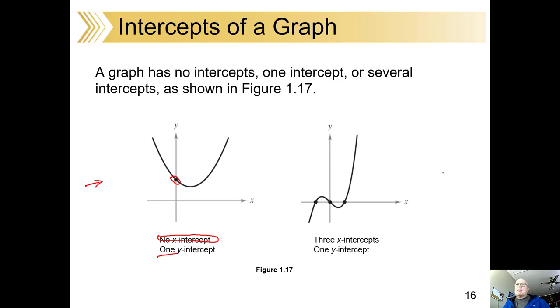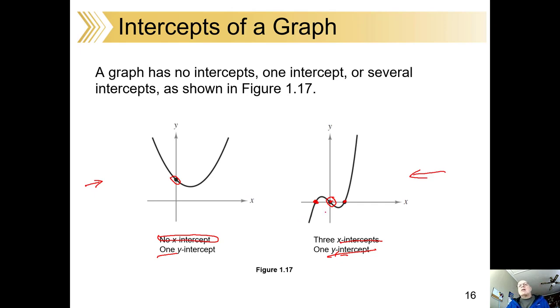In the second graph, how about the x-intercepts? Well, it crosses the x-axis here, and here, and here. It's got three x-intercepts. Y-intercepts, it crosses the y-axis at that point right there, one y-intercept.